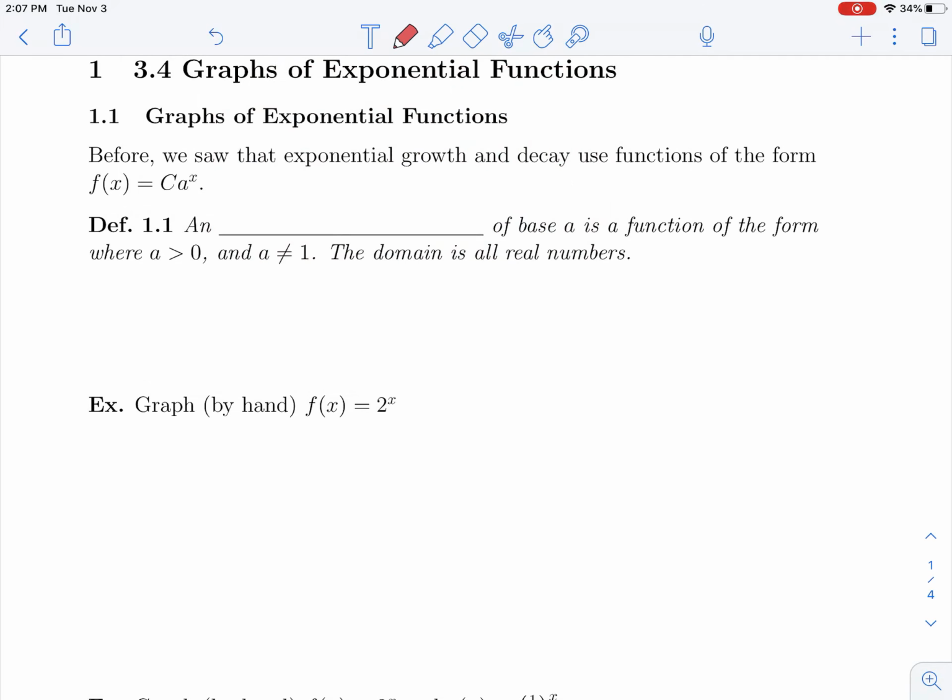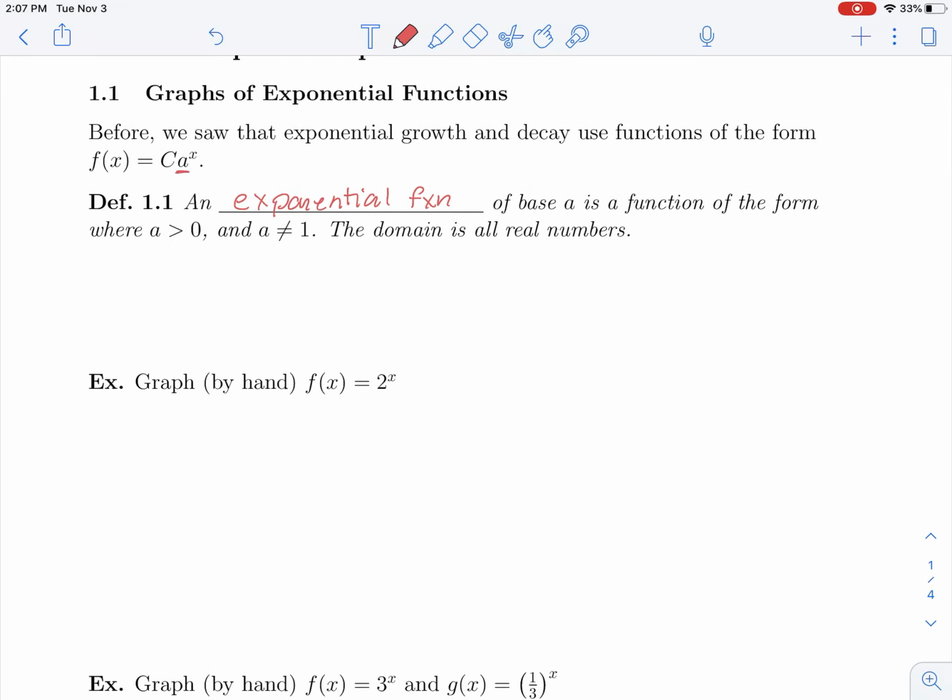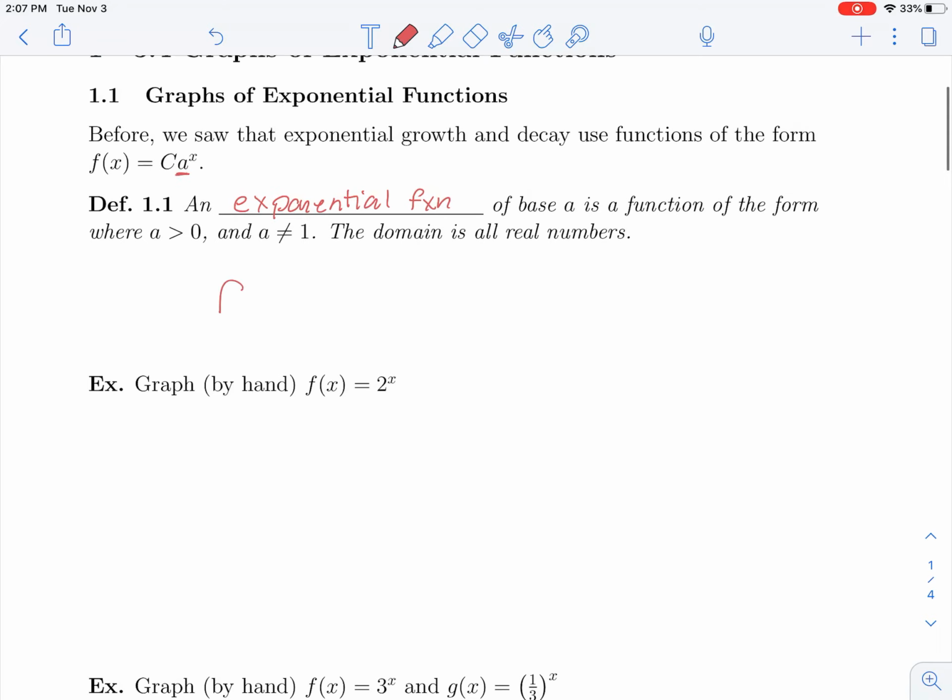So we just say an exponential function of base a is of the form f of x equal to a to the x, where a is greater than 0 and a is not 1, right?